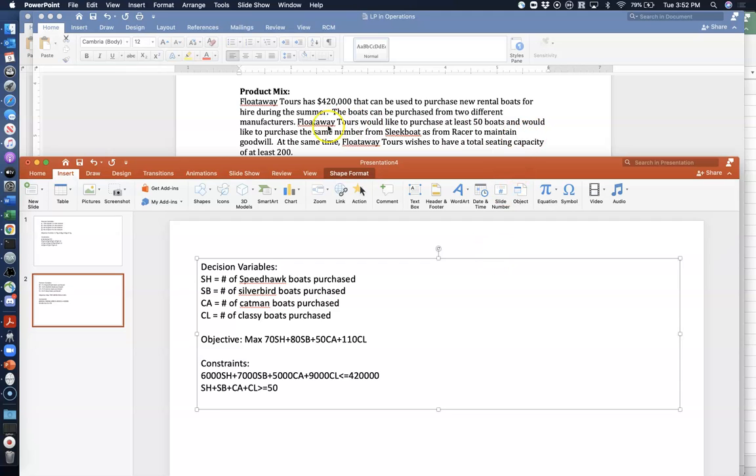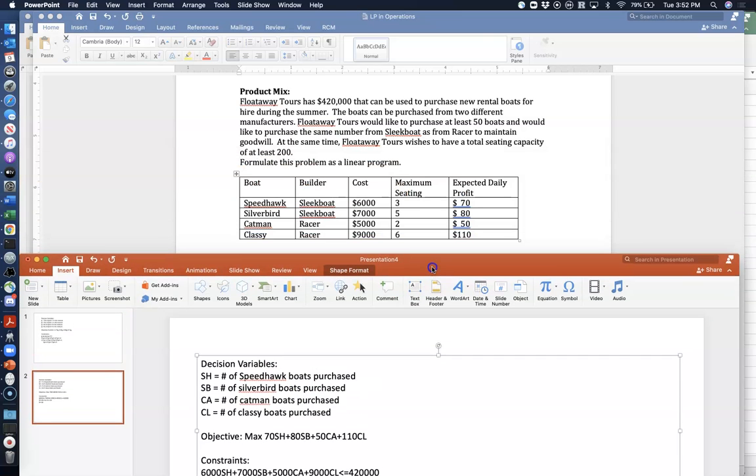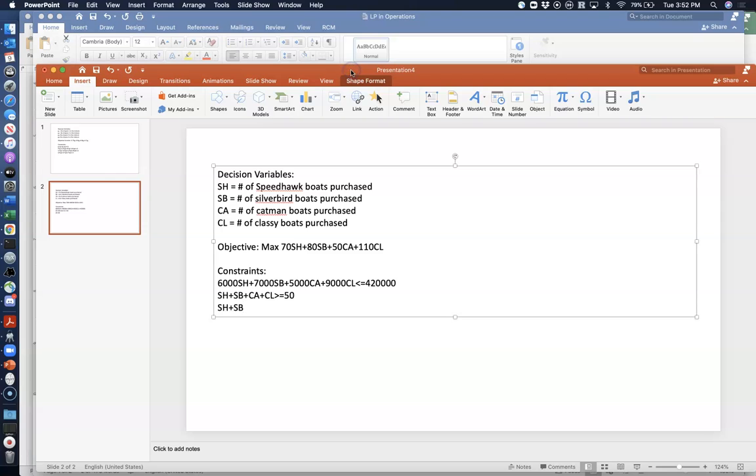And you also say that you would like to purchase the same number of boats from both of these manufacturers. The total number of boats bought from the first manufacturer is SH plus SB. So that's the number of boats purchased from Sleekboat. The number of boats purchased from Racer, which is CA plus CL, should be equal to the number of boats purchased from Sleekboat.